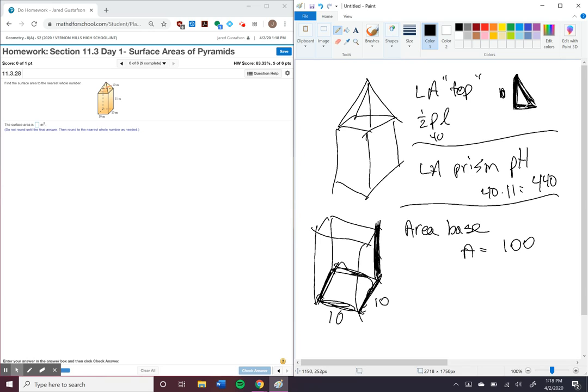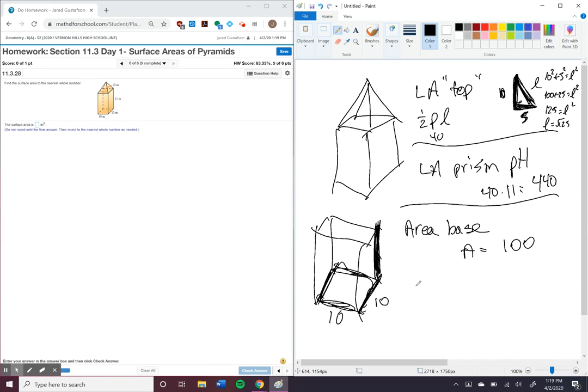If we take that half triangle, that's 5 across the bottom, and then to find the slant height, we need to use Pythagorean theorem one more time. 10 squared plus 5 squared equals L squared. 100 plus 25 equals L squared. So it looks like my L is the square root of 125. Now, since we're rounding our answer, I'm not going to simplify this one as I haven't been simplifying the others. I'm going to plug it in and we're going to round to see what we get.